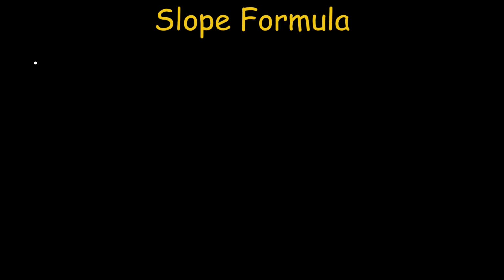Now let's talk about the slope formula. This is something you should memorize or learn. The slope formula, we also know it as the slope of a line. So learn these two meanings, slope formula or slope of a line, they mean the same. The slope formula says m, the slope, equals change in y.